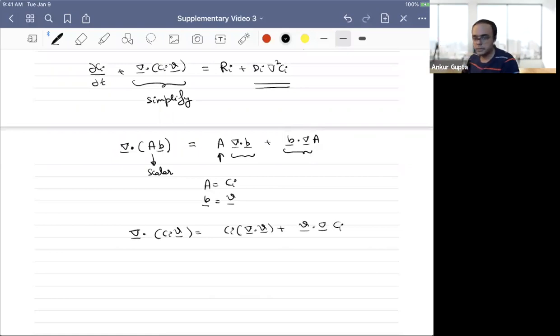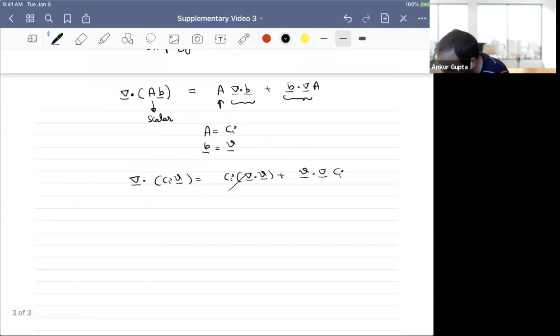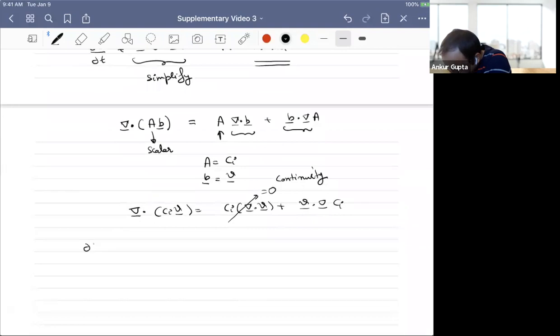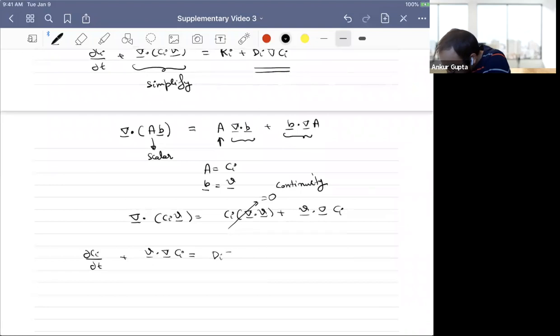This is equal to 0 because we know from continuity, and what you get is ∂ci/∂t plus v dot del ci is equal to Di del square ci plus ri.